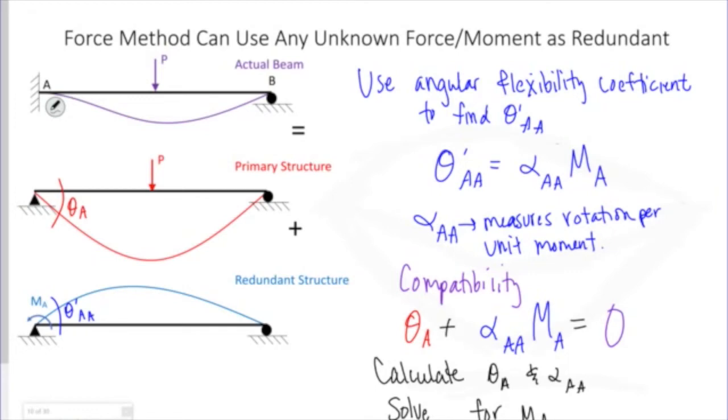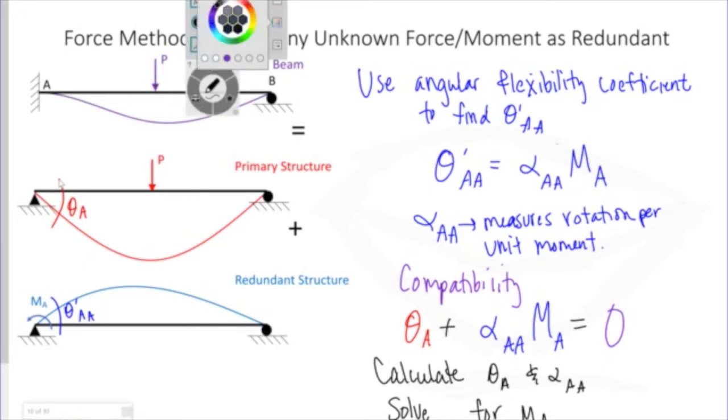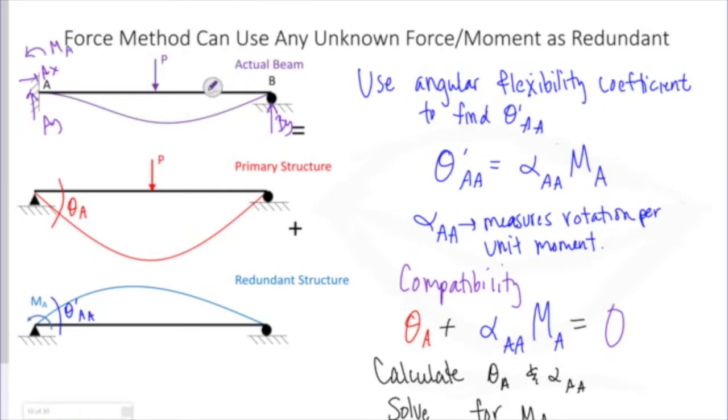Solve for that moment. That reduces my reaction forces from 4 down to 3 if I can find the actual moment. And I can use my 3 equations of equilibrium.